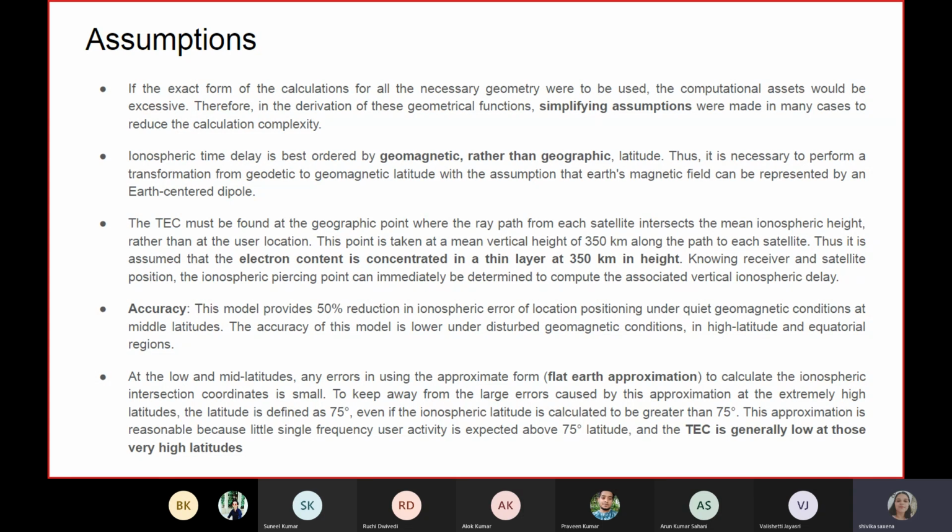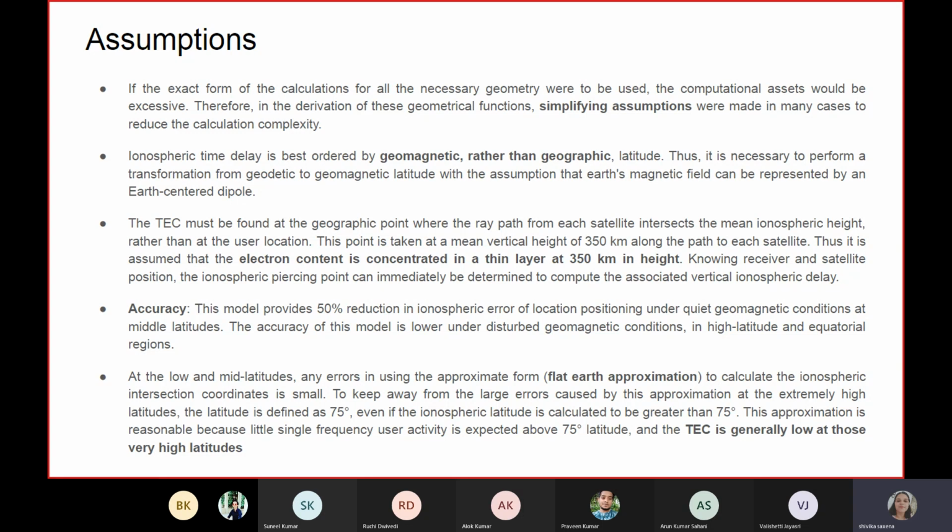That means if the ionospheric intersection point, the point at which the signal is piercing the ionosphere, has a latitude greater than 75 degrees, it is set again to the value 75 degrees. This approximation is done to keep away from large errors caused by the flat earth approximation. This is reasonable because TEC is generally low at those very high latitudes.